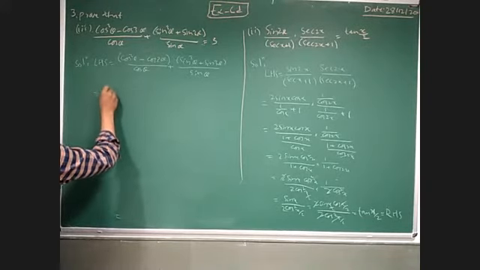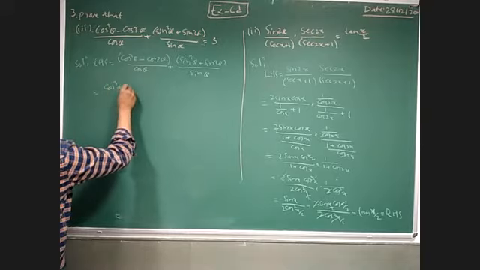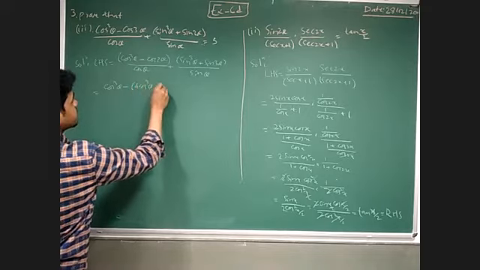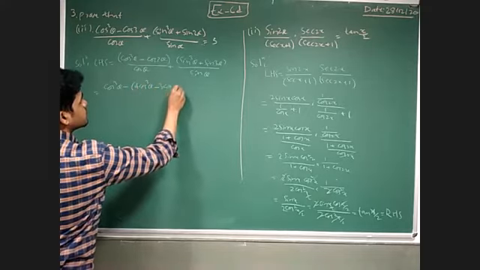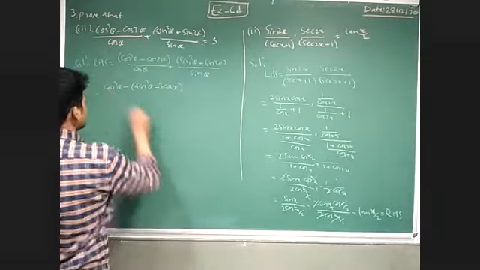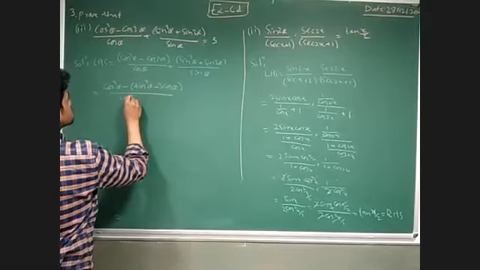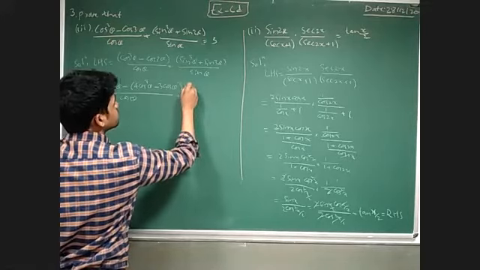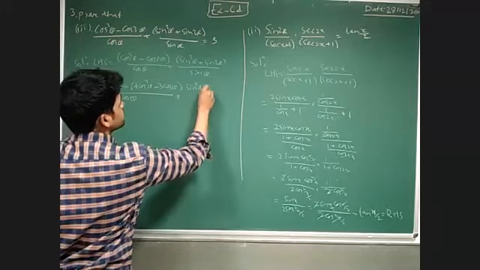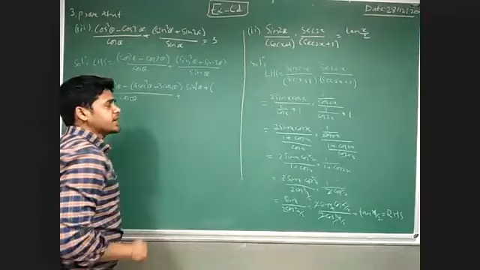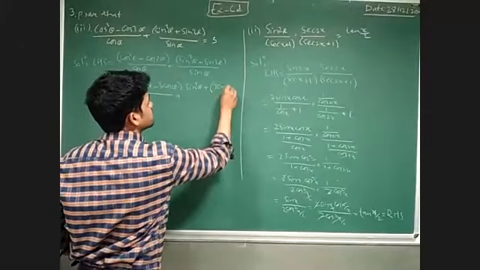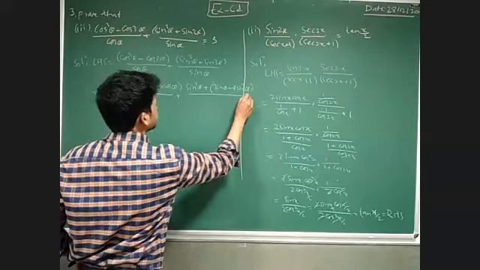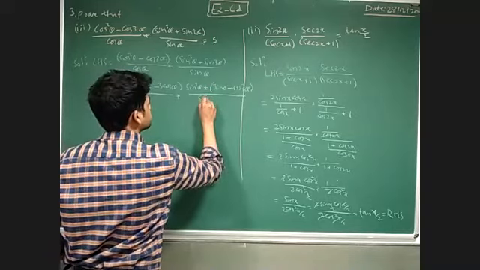So cos cube theta minus, I know the formula of cos 3 theta, that is 4 cos cube theta minus 3 cos theta, by cos theta, then plus sin cube theta plus, I know the formula of sin 3 theta, that is 3 sin theta minus 4 sin cube theta, by sin theta.